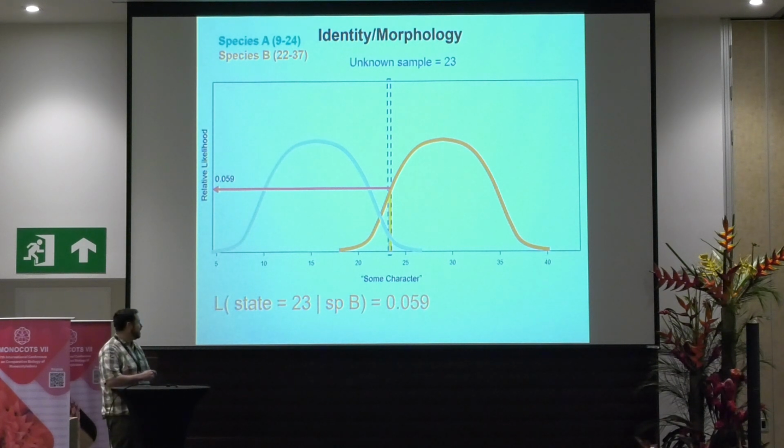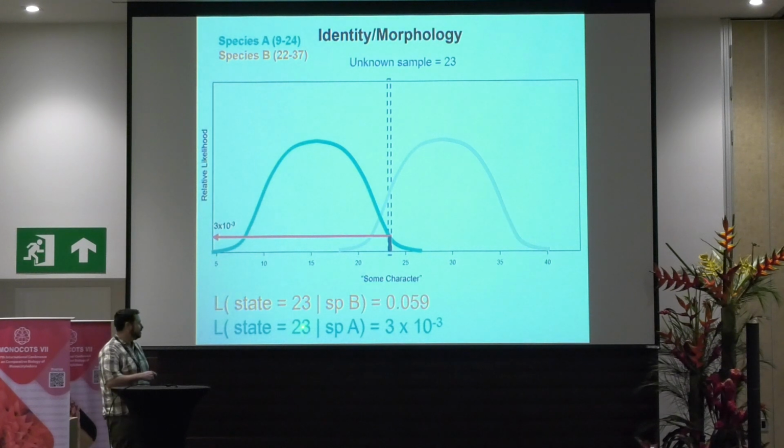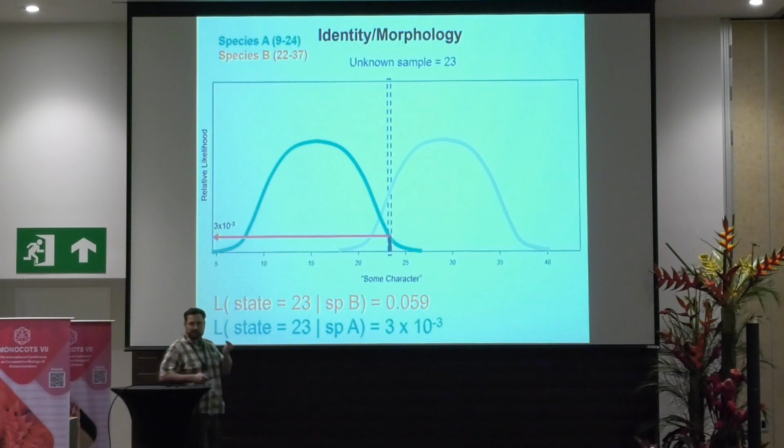So we can say, okay, what is the likelihood of seeing a 22 millimeter wide leaf given species B? And what is the likelihood of seeing a 22 millimeter leaf given species A? And now we have a quantitative comparison between these two taxa. We can see, species B is significantly more likely than species A, given the width of this character.